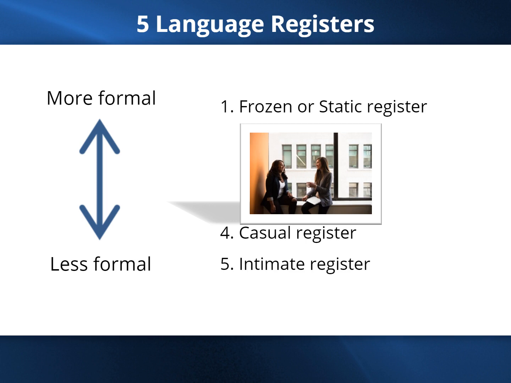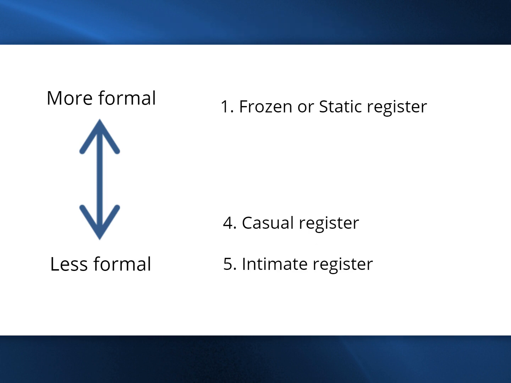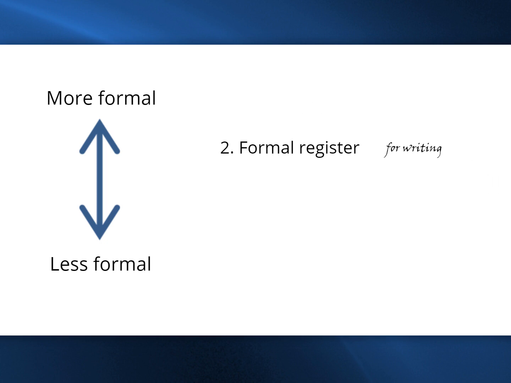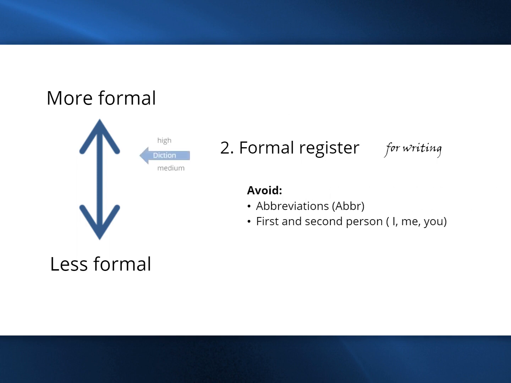The two registers that work in the classroom are the formal register and the consultative register. Some people actually say that these registers are the same thing, but formal is for writing and consultative is for speaking. If you use the formal register, it usually means that you try to avoid abbreviations, use medium to high diction, write in complete sentences, and try to avoid first and second person.